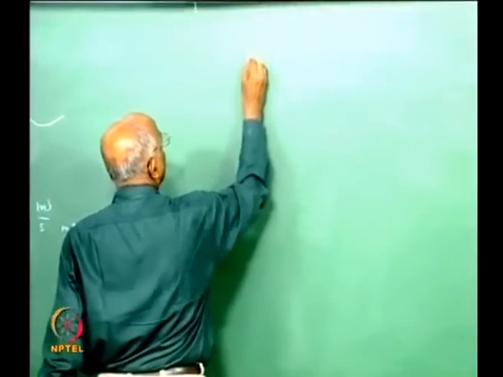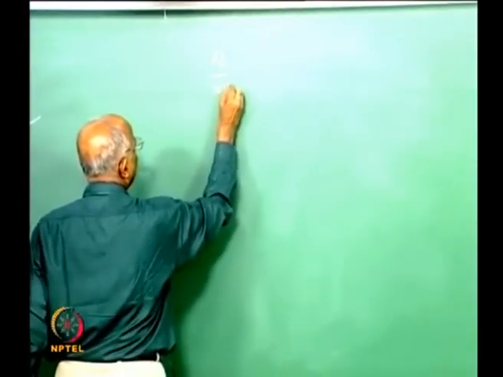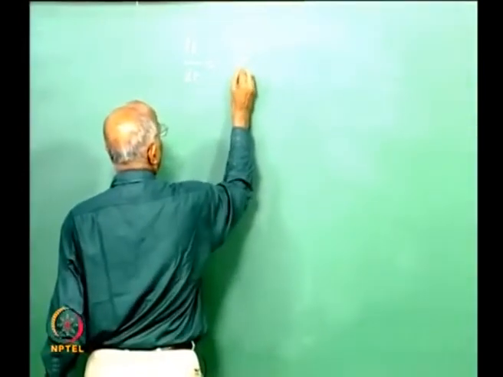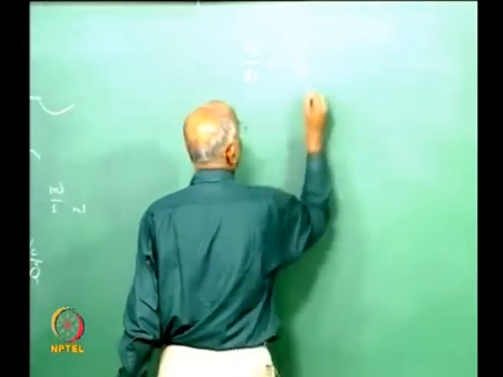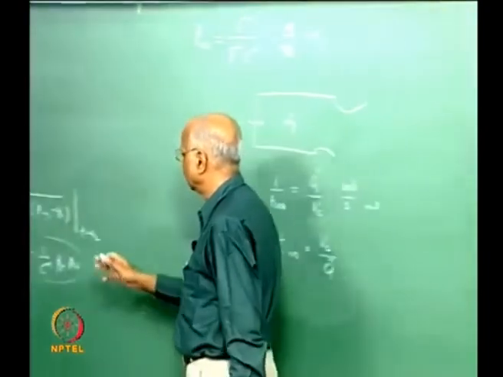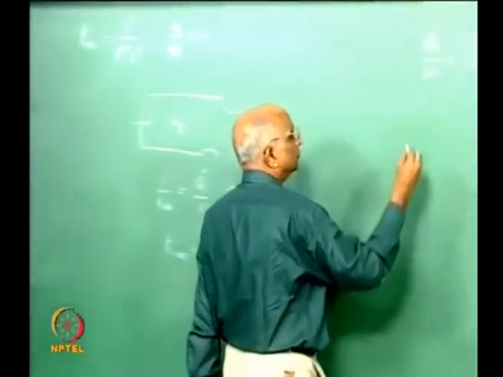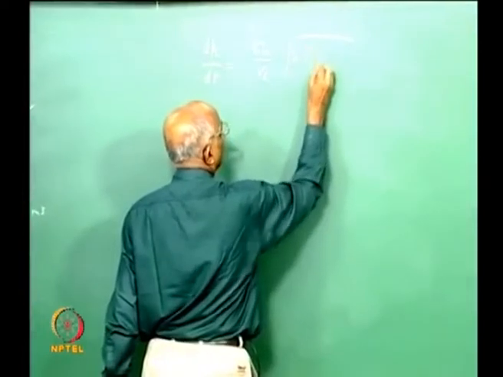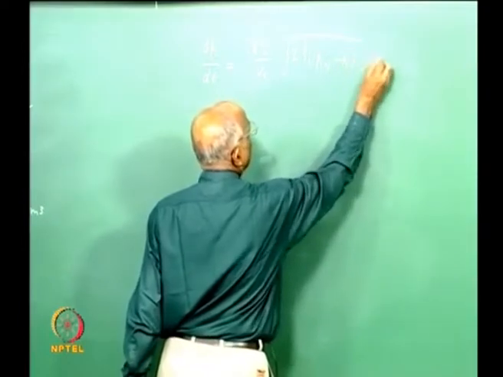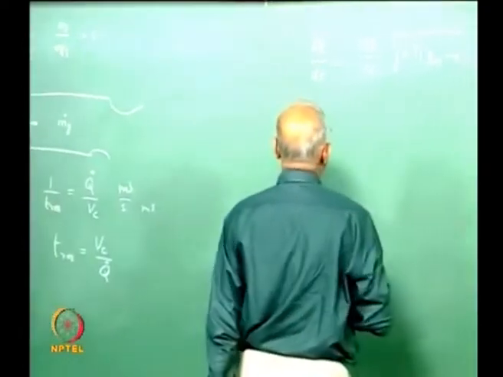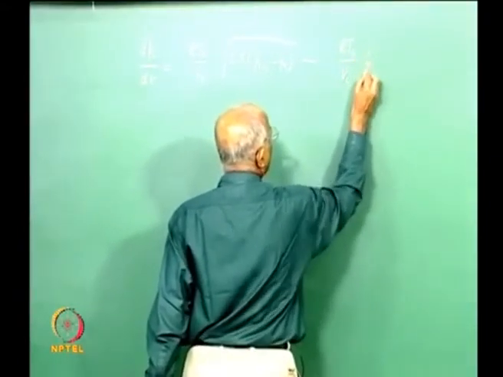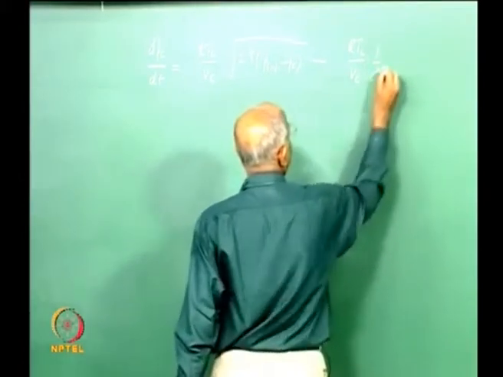We get dPc by dt is equal to RTc by Vc into under root of 2 into density into P injected minus Pc, minus, I write the value again, RTc by Vc into 1 over C star into Pc At.